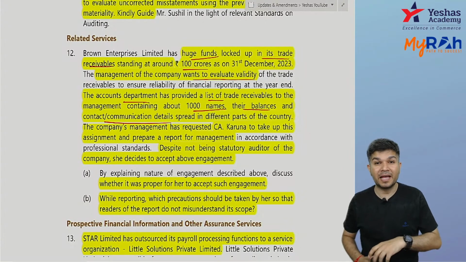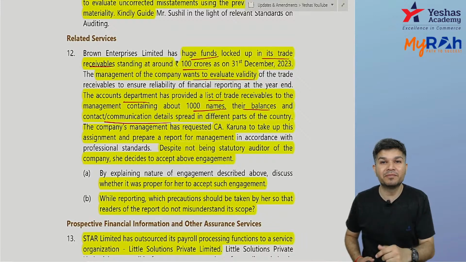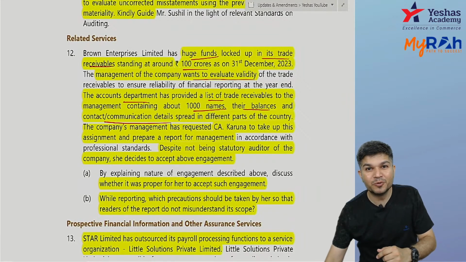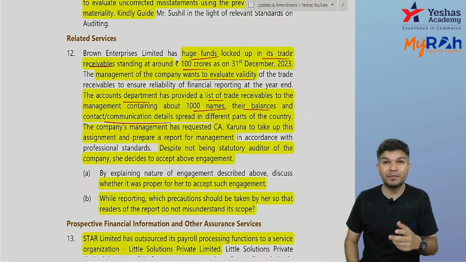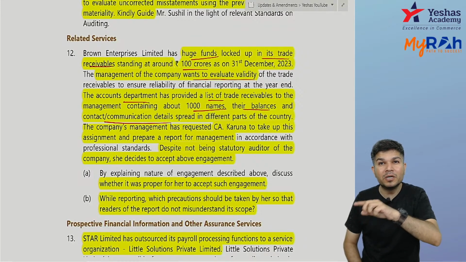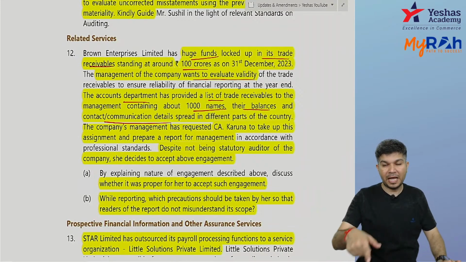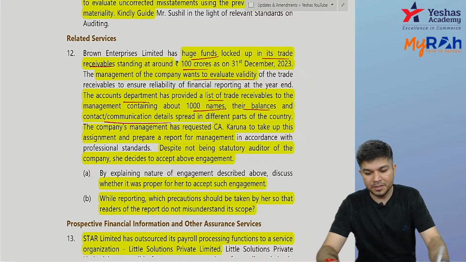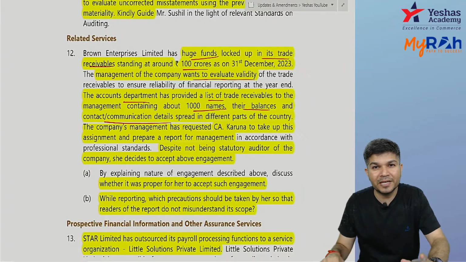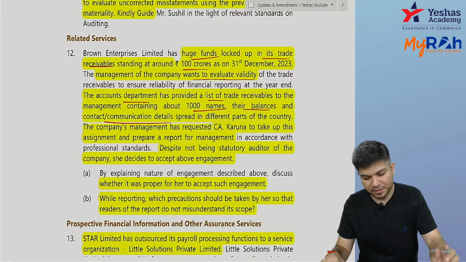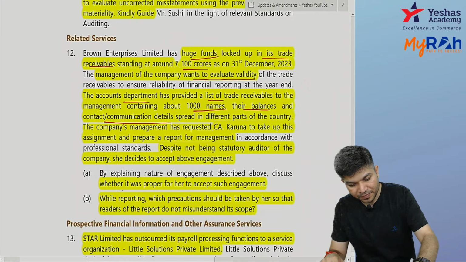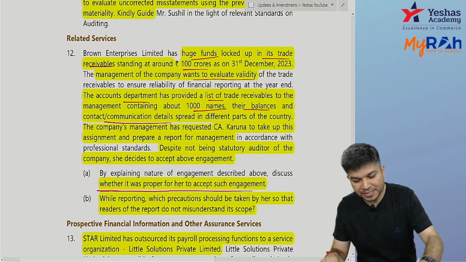Answer is yes. But for an engagement to report on summary financial information, you should be the main auditor, then only you take it. But here this is allowed. Even though you're not the auditor, can you take up the agreed upon procedure? Answer is yes. So the first question, whether it is proper for her to accept such an engagement? Answer is yes.